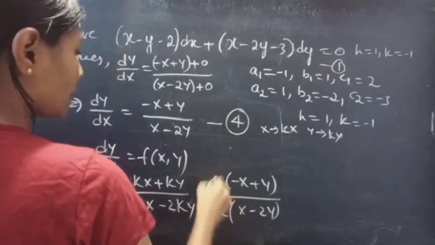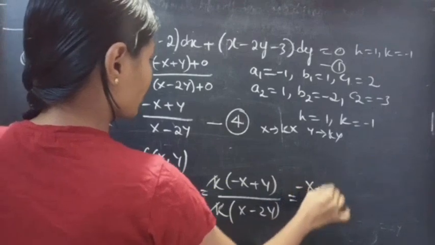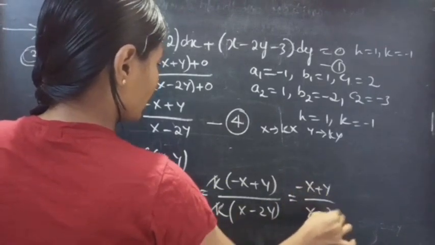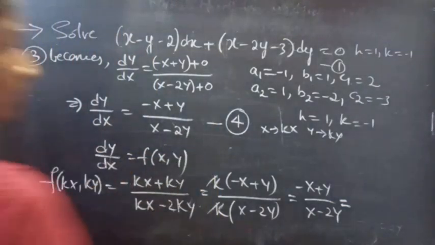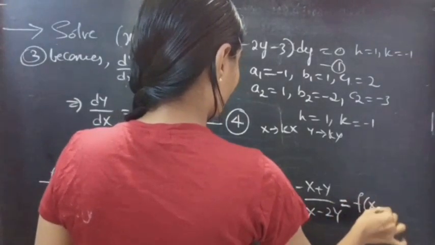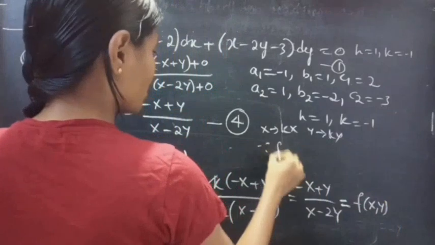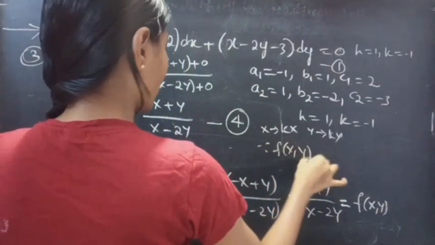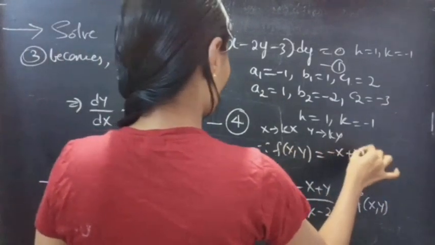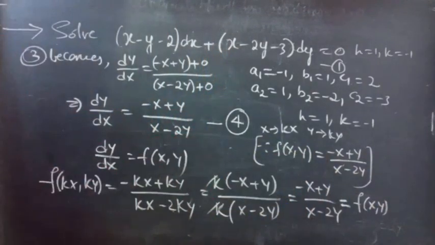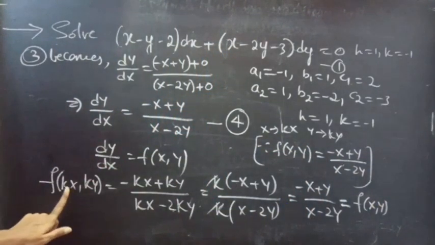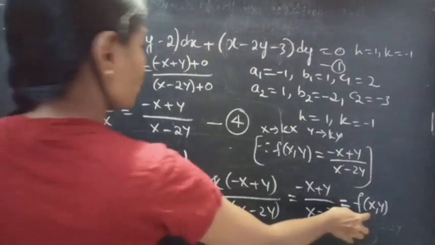Here k gets cancelled and this equals minus x plus y by x minus 2y, which is a function of x, y, right? Since f of x, y equals minus x plus y by x minus 2y, it's clear that f of kx, ky equals f of x, y.